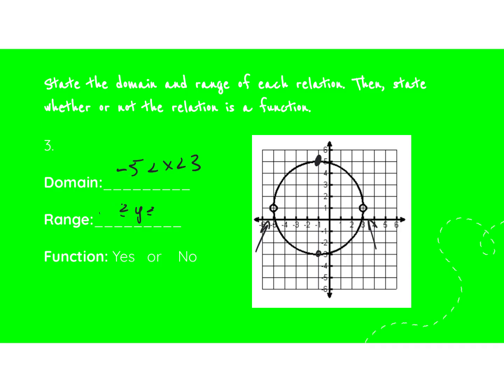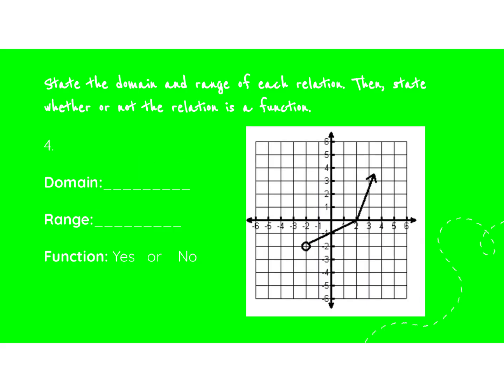So I want to write -3 less than or equal to y less than or equal to 5. And is this a function? Nope, it fails the vertical line test in multiple places. So that is my domain and my range, and it's not a function.